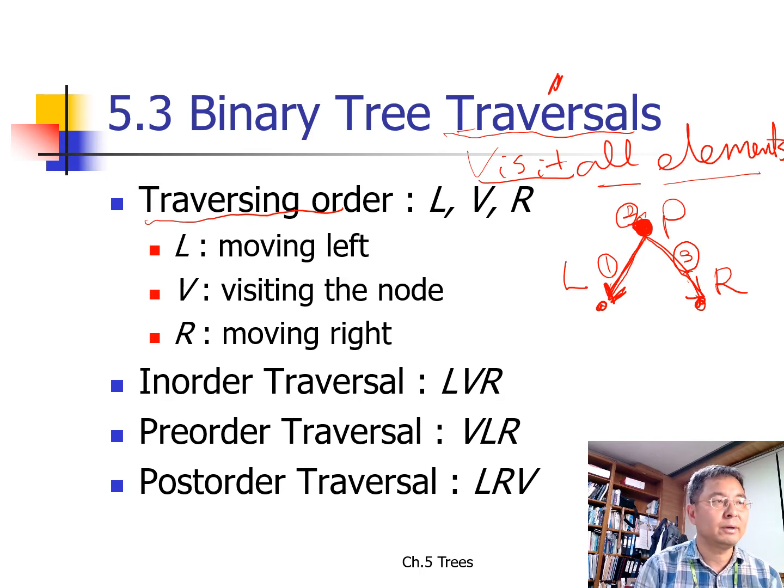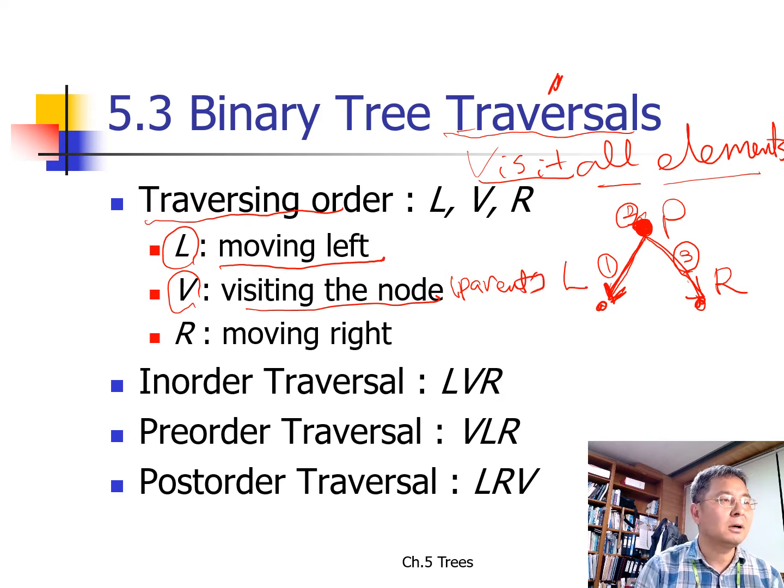Okay, so we can represent this operation as L. L means moving to the left subtree, and V means visiting the node, visiting the parent node. And R means moving to the right subtree.